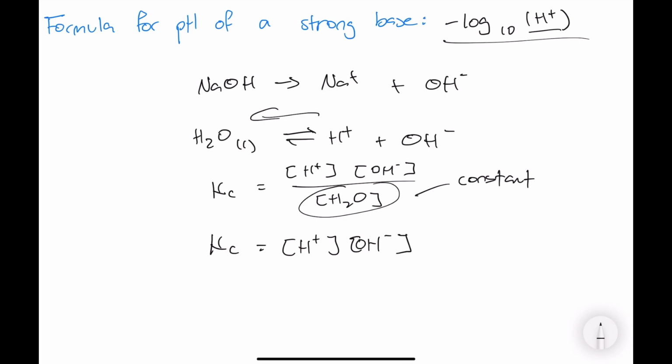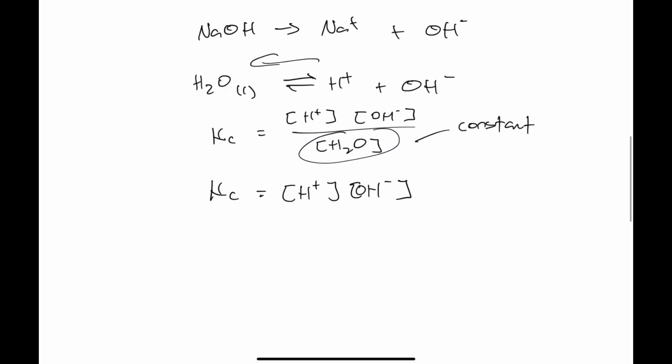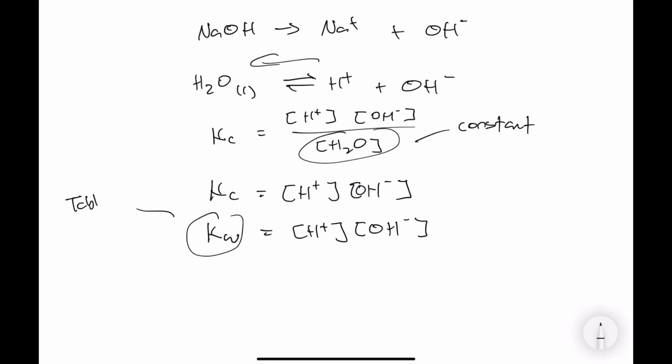And then there's a special notation for this because this is specific to the ionic product of water. And they usually write its equilibrium constant as Kw, like so. And then luckily for us, the IB lists out the different values of Kw at different temperatures on table 23 of the data booklet.